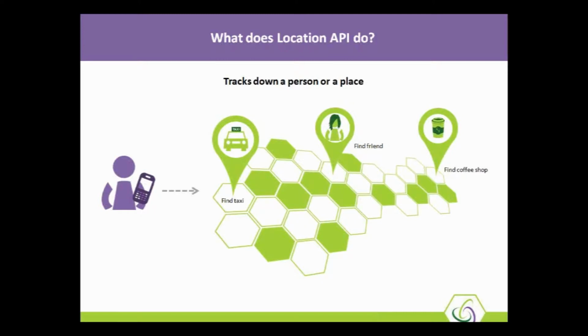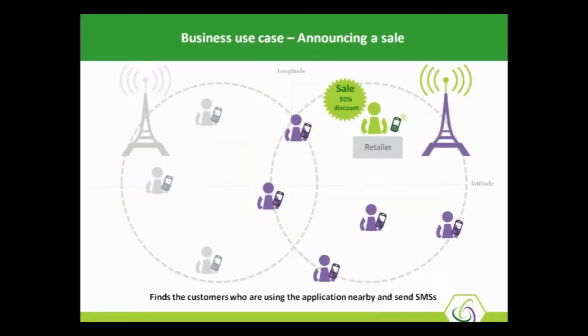Okay, so let me get into business cases straight away. Imagine I have a retail shop and I would like to give a discount. I'm going to run a promotion, giving out a 50% discount starting from 12 noon today. So how can I promote this? What I would do is send out an SMS to my subscribers.